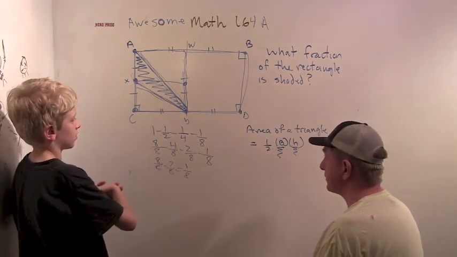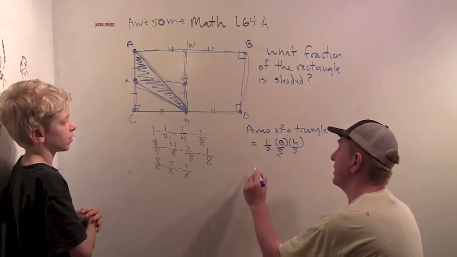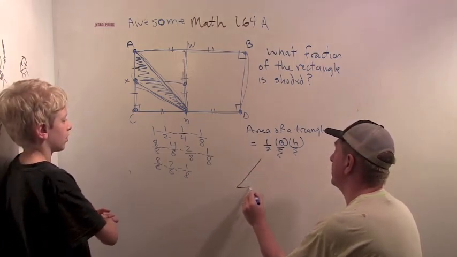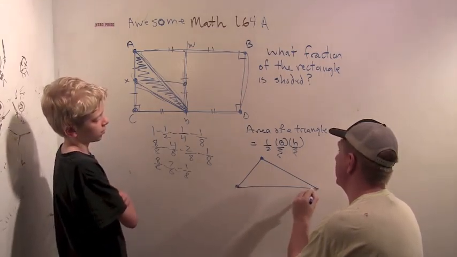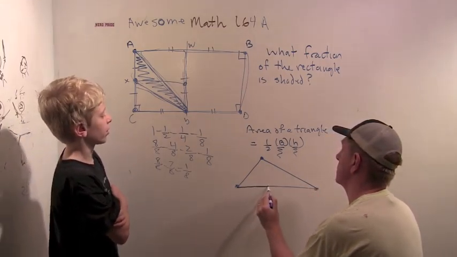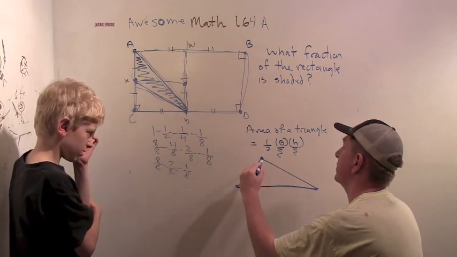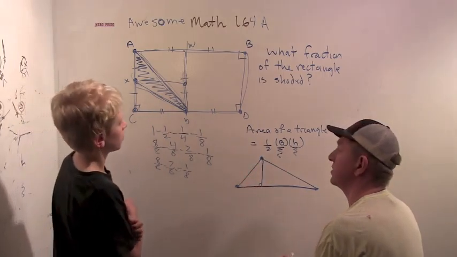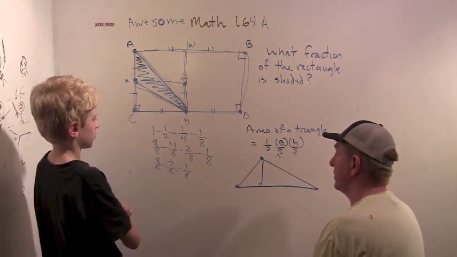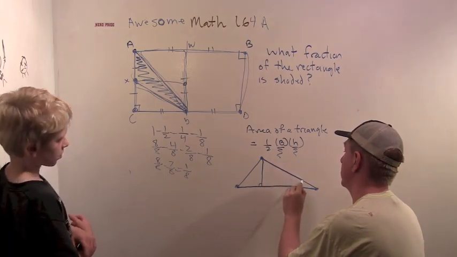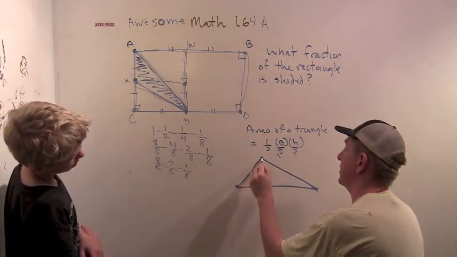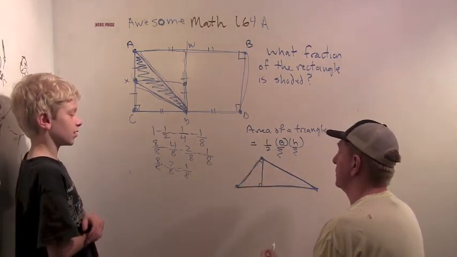And so, for any triangle we have at all, what we want to try to do is find the length of a base and the length of the height. Sometimes it's easy to do and sometimes it's not so easy. In this triangle we could measure this length and that height, or this length and maybe, let's pretend that was a right angle, that height.